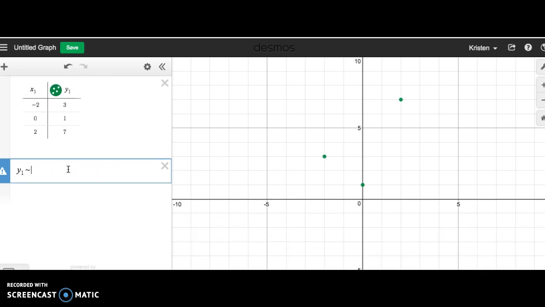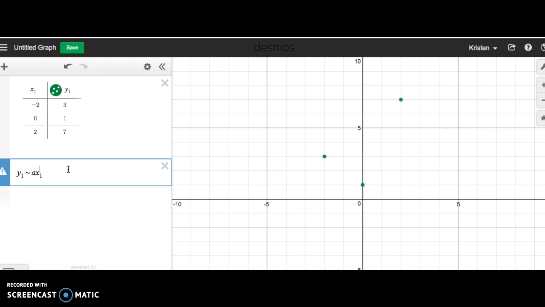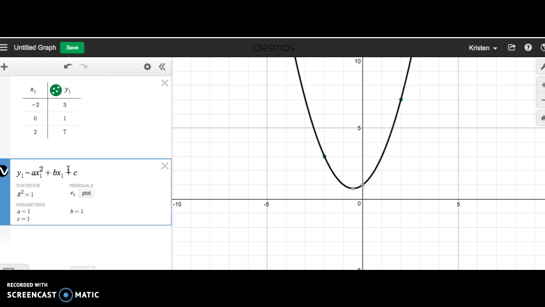The only difference, instead of just putting x, we have to put ax1 squared plus bx1 plus c. So now we've got an equation here where our a is 1, our b is 1, and our c is 1.